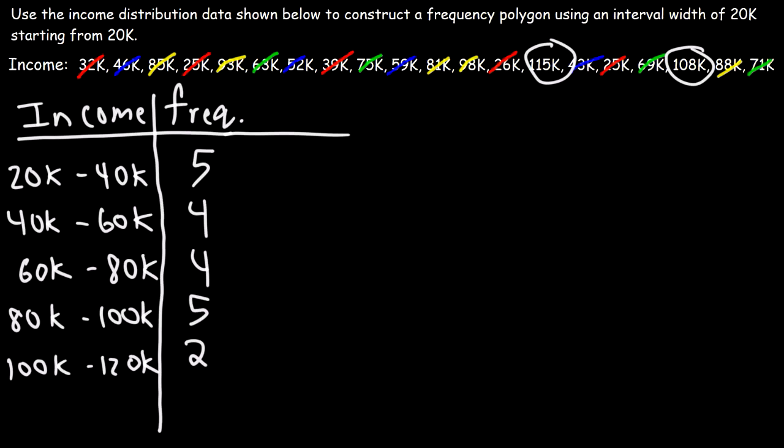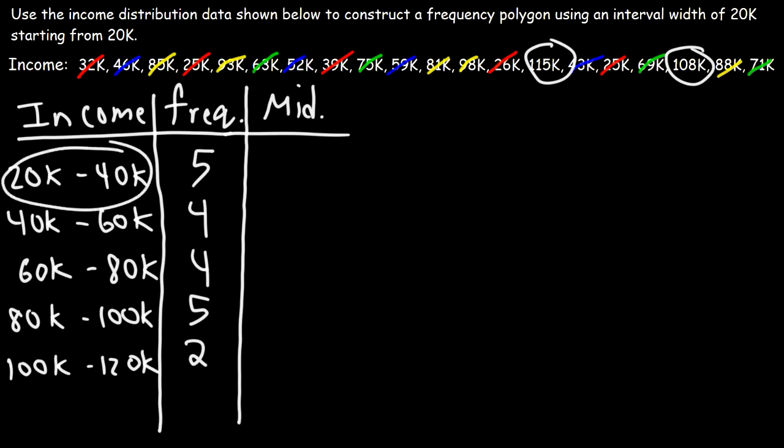So now that we've constructed our frequency distribution table, we need to do something else before we can make a frequency polygon. So we're going to add another column. We need to determine the midpoint of the income ranges. So what is the midpoint between 20 and 40K?